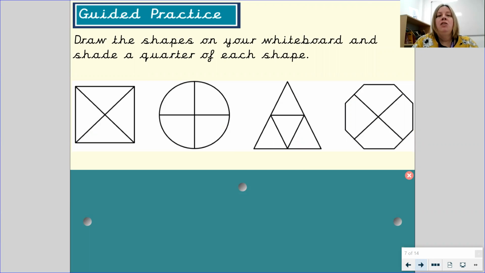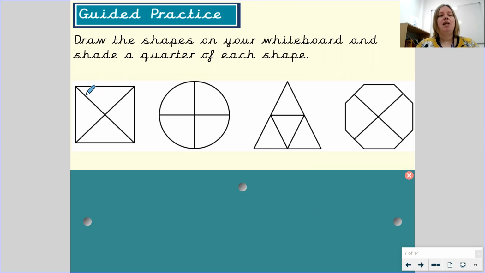Draw the shapes on your whiteboard and shade a quarter of each shape. So the shapes are the whole and they have been split into equal parts. You need to shade 1 quarter of each shape. Let's look at the first shape.